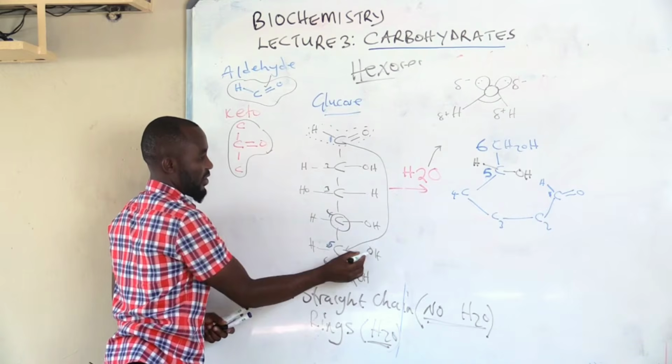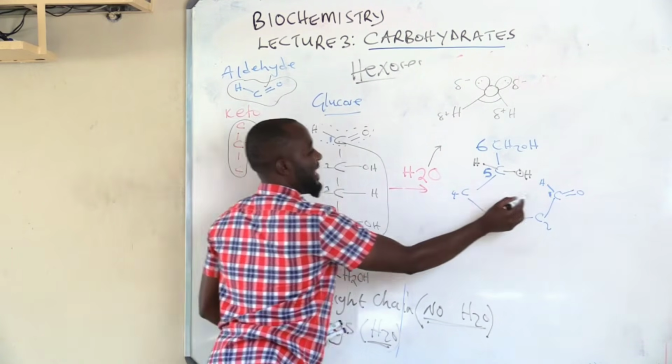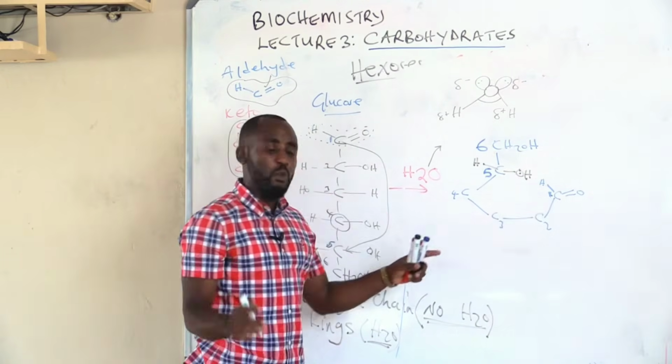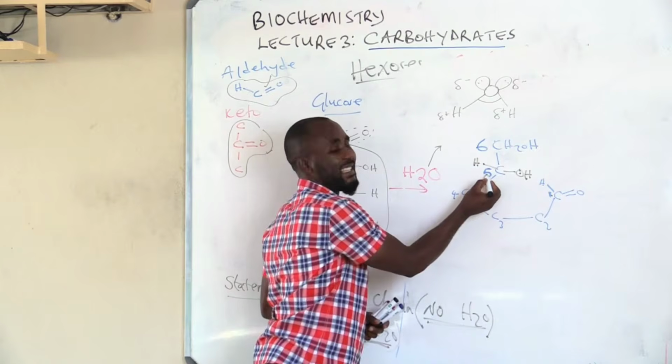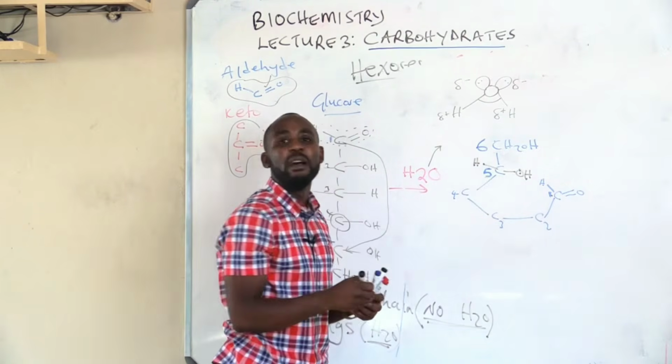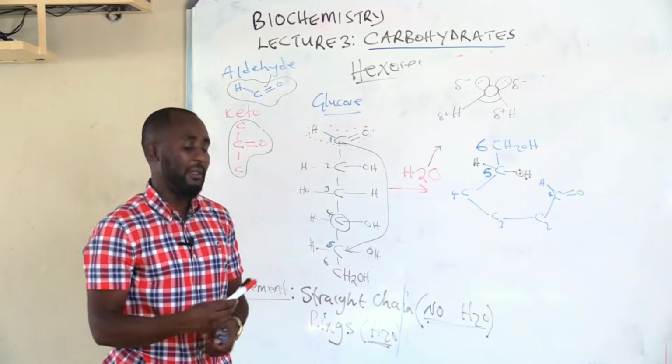Number 5, OH, H. On number 1, aldehyde, there. I know you want me to show you the other parts here, but we are not interested for now because what is reacting is carbon number 5 and carbon number 1. So we need to understand what is happening at number 5 and number 1.